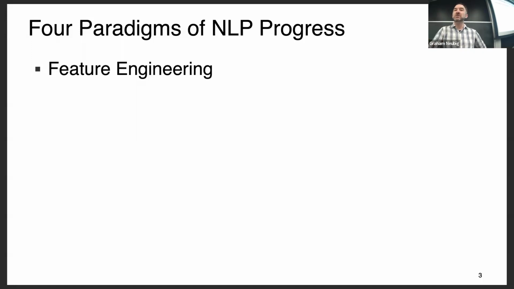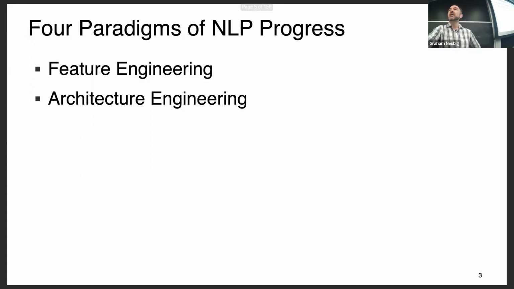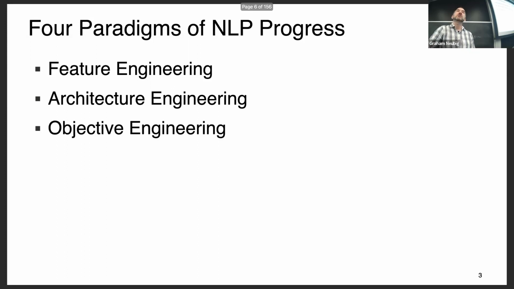But if we're talking about machine learning based NLP, the very first paradigm was feature engineering, where we went in and specified by hand the features that we thought would be useful for the task. Then when we transitioned to neural NLP, we had architecture engineering, where we tried to engineer the architecture of our models.